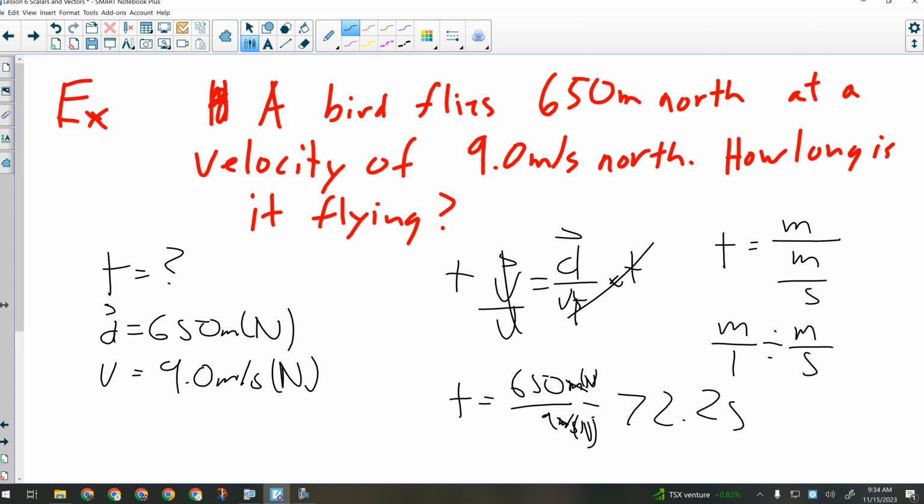So we take this second one. I've got meters on the top, meters on the bottom. They cancel. I'm left with seconds over 1, which is seconds. So you can always do a unit analysis if you're ever a little bit lost on what your units should be. I'm going to give you guys about a 5-minute break here before we move on to some different ones.